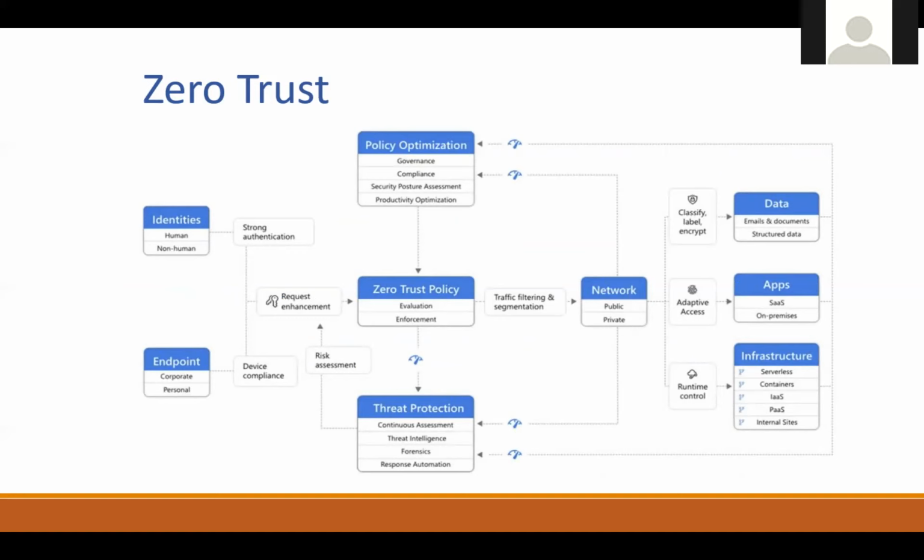And this is the framework of how Zero Trust can be applied within the Microsoft environment. The foundation of Zero Trust security: identities, both human and non-human, need strong authorization, with connection from either personal or corporate endpoints with compliant devices, together requesting access based on strong policies grounded in Zero Trust of explicit verification, least privilege access, and assume breach.